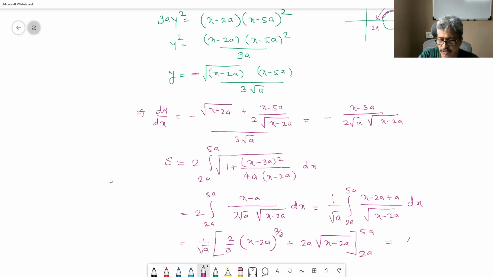And if you solve this, you get 4 root 3. That is what is your answer.